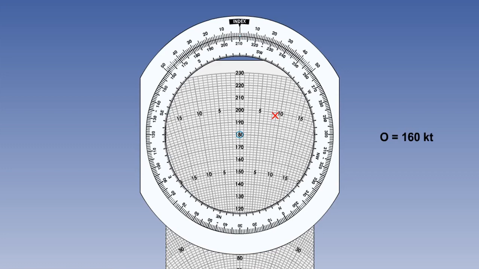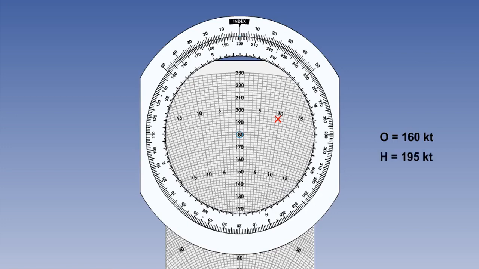You can see that this gives an initial 9 degrees of starboard drift. Balancing the drift again, rotate the scale until the heading reads 200 degrees, with 10 degrees of starboard drift. This gives you a track of 210 and gives H as 195 knots.